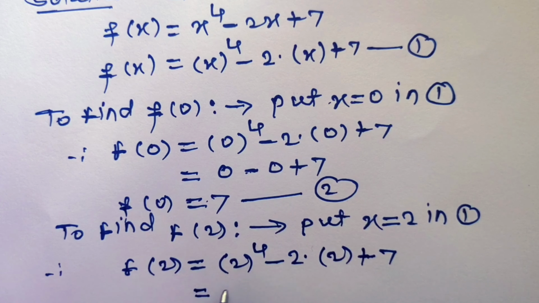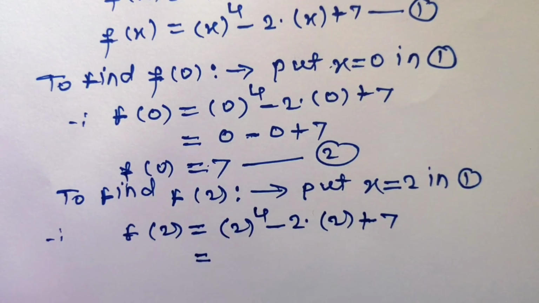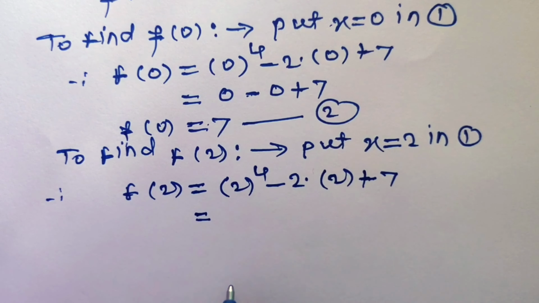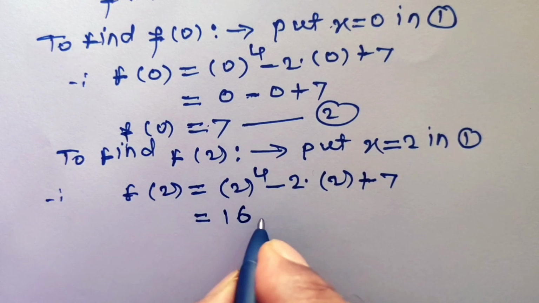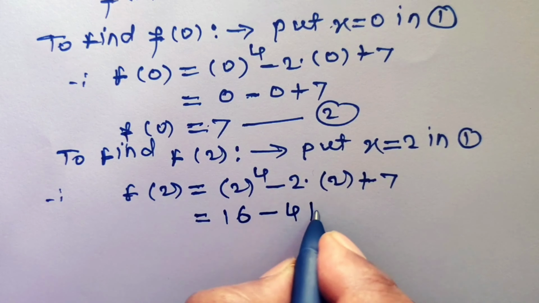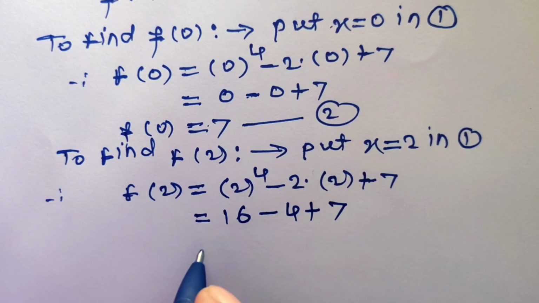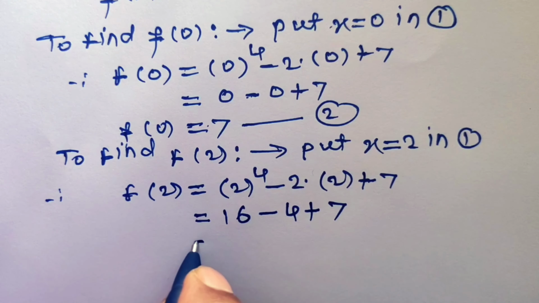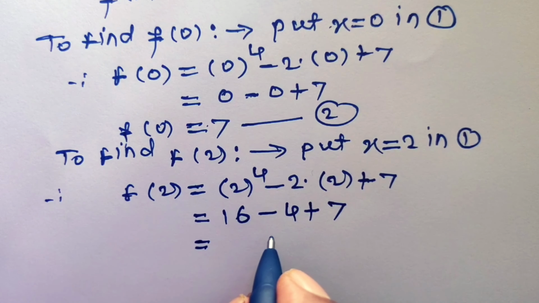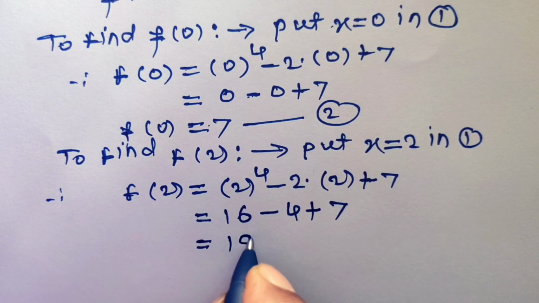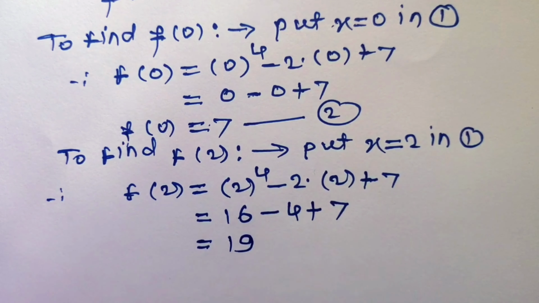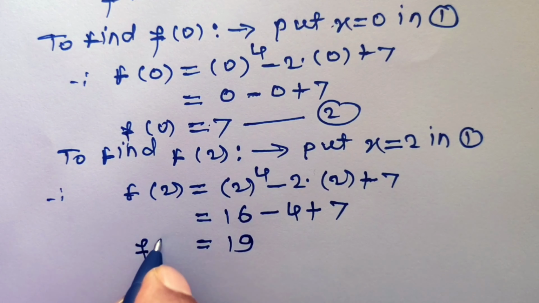Now simplify this. 2 to the power 4 is 16, minus 2 into 2 is 4, and plus 7 keep as it is. Hence f of 2 can be written as 16 plus 7, 23, minus 4, 19, and consider this as equation number 3.